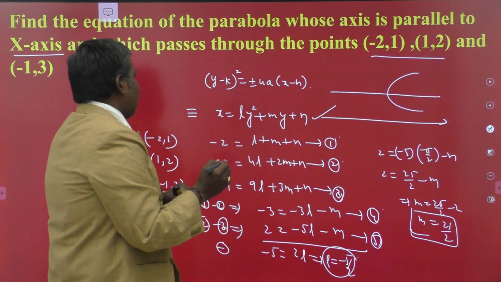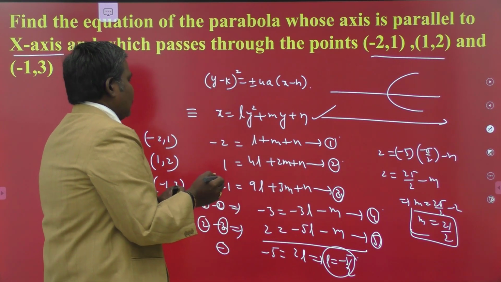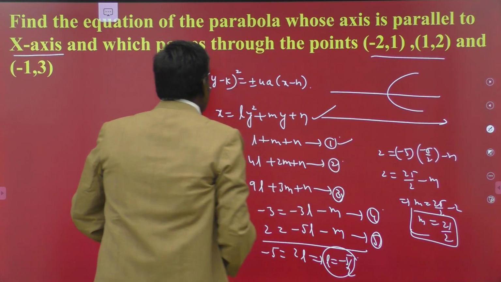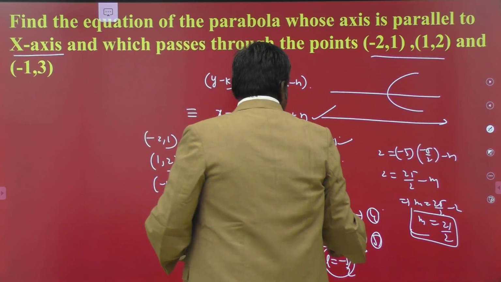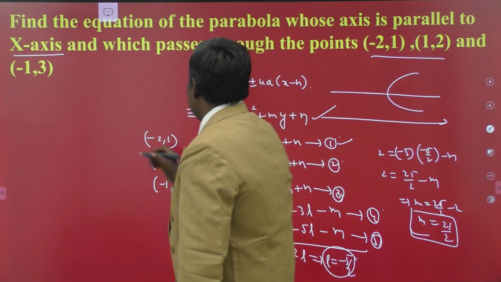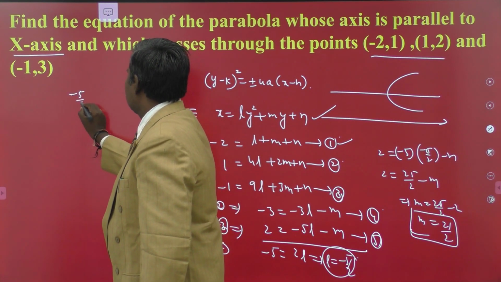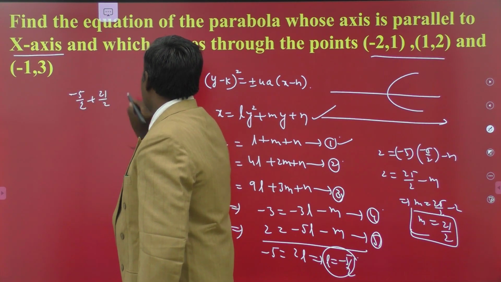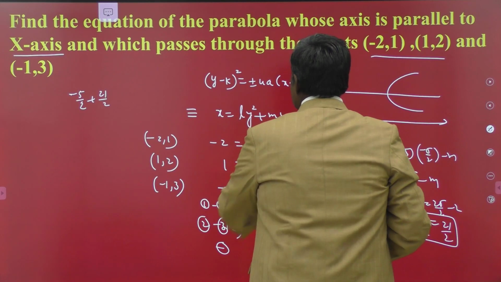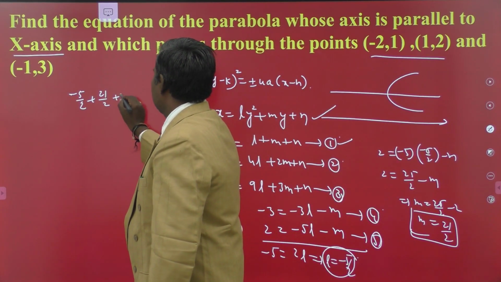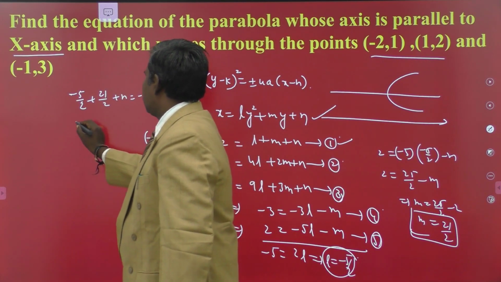Substitute l, m in any equation having n. This is the first equation. What is l plus m? Minus 5 by 2 plus 21 by 2 plus n is equal to minus 2. So the LCM is 2.